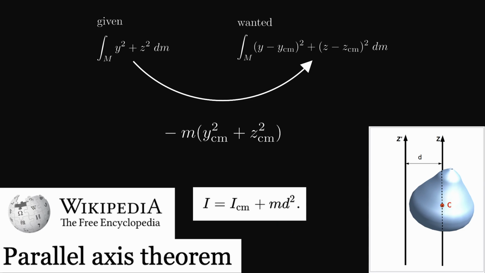In our case, the axes point in x direction and the other axis passes through the origin. So the squared distance to the same axis around the center of mass is just the squared length of the center of mass in yz direction. Also, that means we have I given and want I_CM, meaning we need to subtract this expression instead of adding it, which is exactly what we derived.